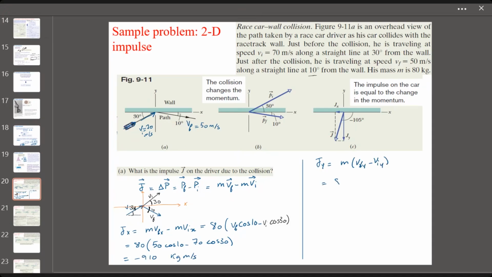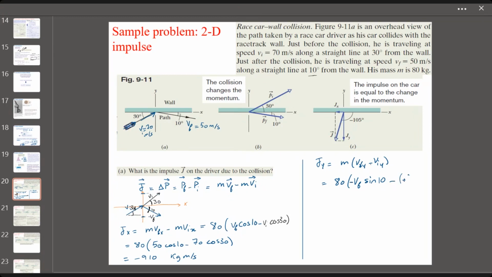And for the y components, things are now easier. I'll just write v final sine of 10. One thing I wanted to notice, v final has a negative y component, so I'll plug a minus here. And v initial, its y component is positive, as you can see here, so I'll put a plus, but it has a minus already because of the minus here.